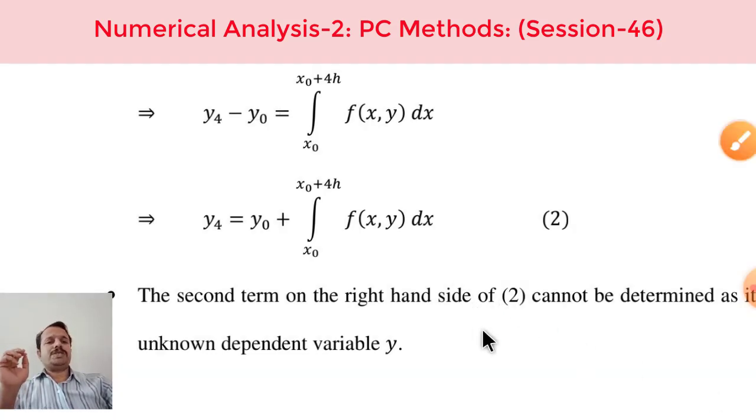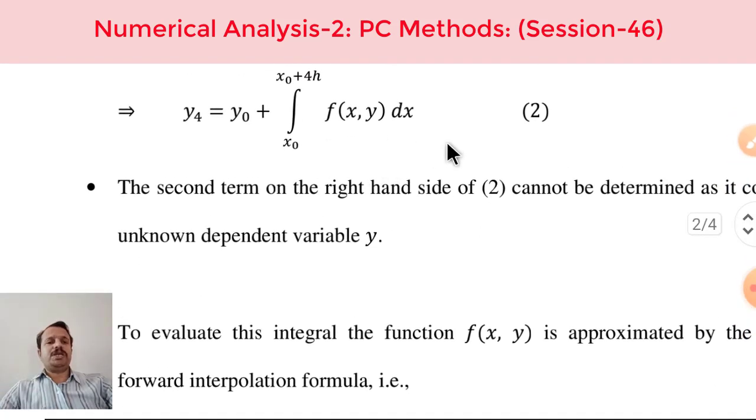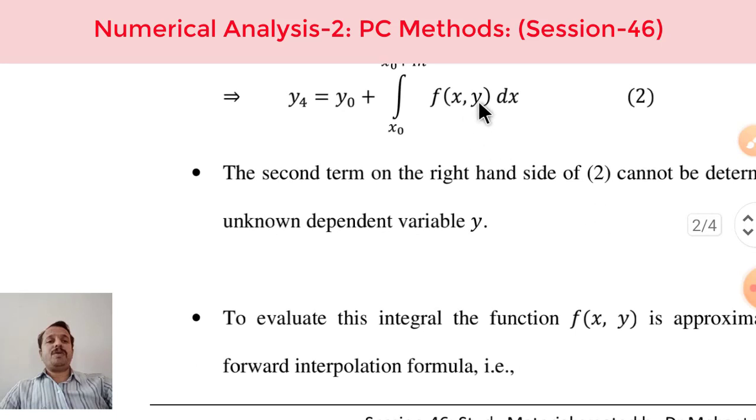Now what is there? The second term on the right hand side of equation number 2 is very challenging. It cannot be determined as it contains the unknown dependent variable y. The integrand possesses that dependent variable, so it is quite difficult. How can we proceed? We can approximate that y with some interpolation formula.